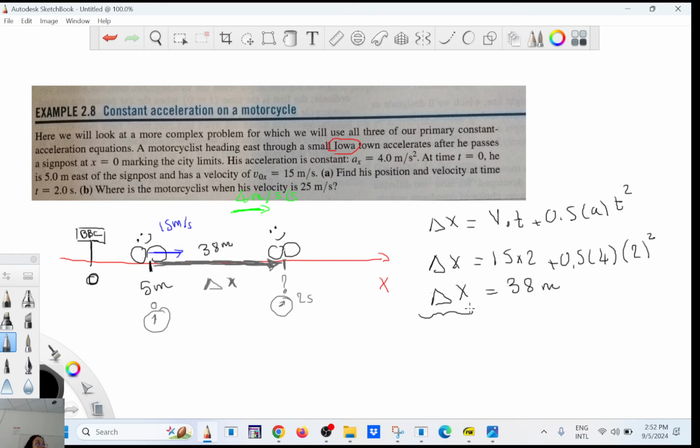What's the definition of a displacement? It's the final position minus initial, which is 5, equals 38. So the final position is 43 meters. Okay, so that position on the number line is 43 meters.